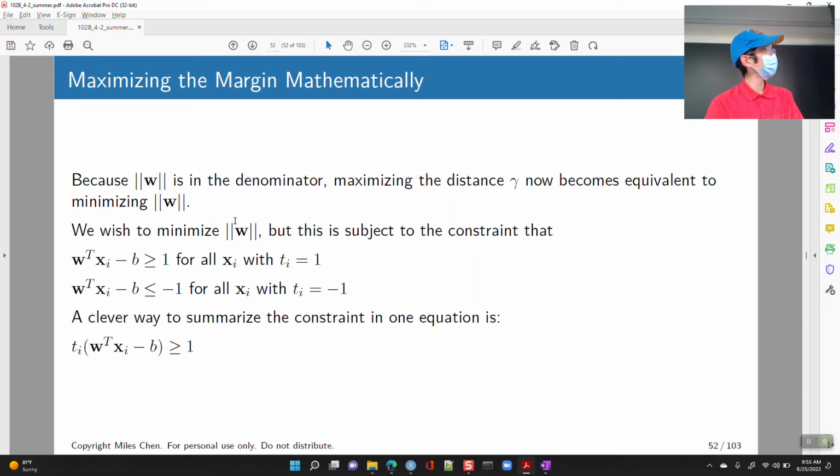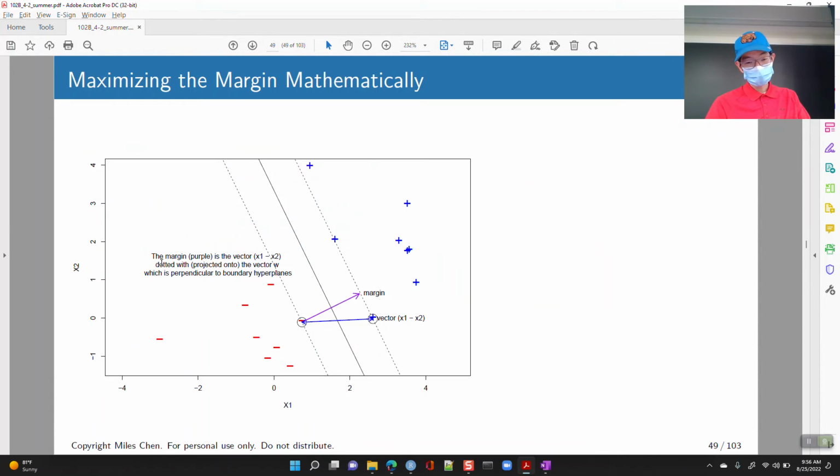And we want to minimize this, but it is subject to a constraint: whatever we pick for W does classify everything, so that everything on the positive side gets classified as being greater than or equal to 1, right? When I do this, I'm getting some value over here, and they need to be higher than 1, and these values over here need to be more negative than negative 1.